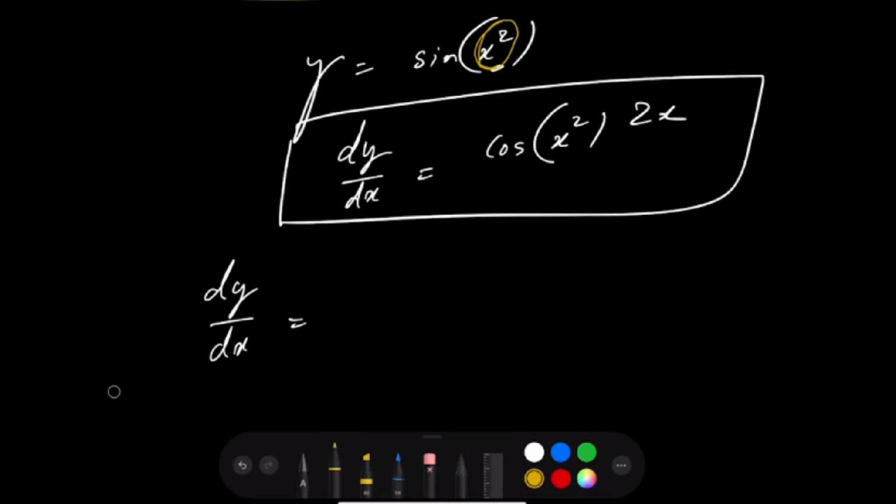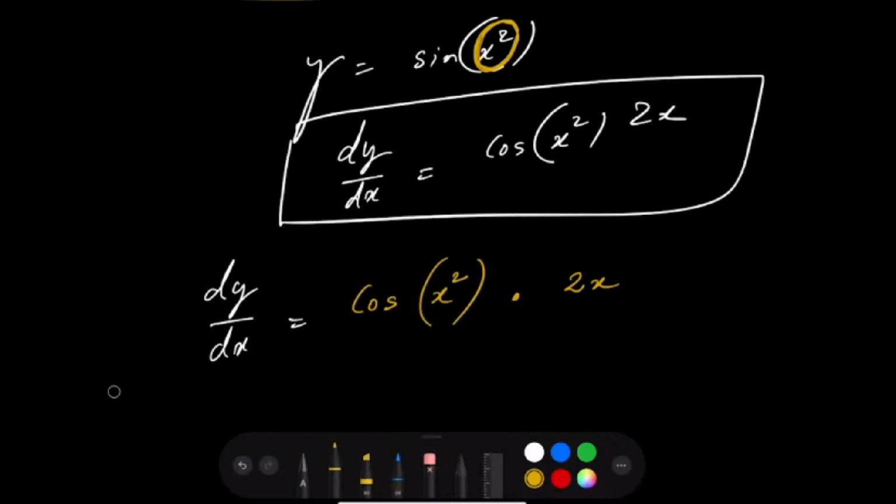Leave it as it is. Now if there was x here, what would be the answer? It would be cos x. So you write cos, and what was there instead of x, you write x square there. Whatever you have assumed in place of x, you have to do the derivative of that again. There was no x right here, there was x square, so I have to take the derivative of that and multiply. So that is the chain rule.